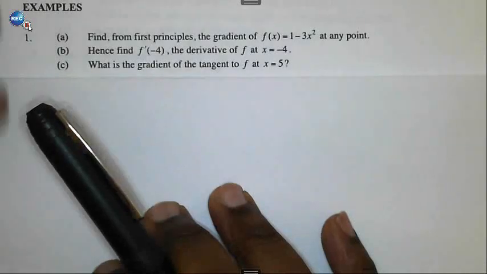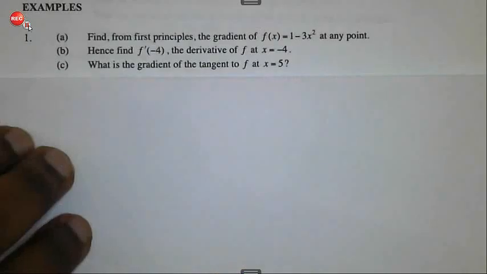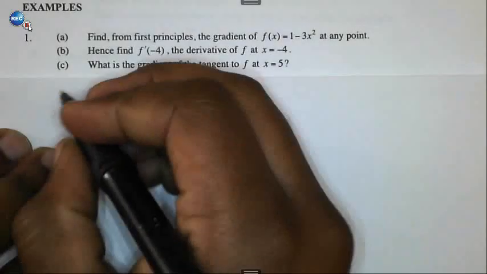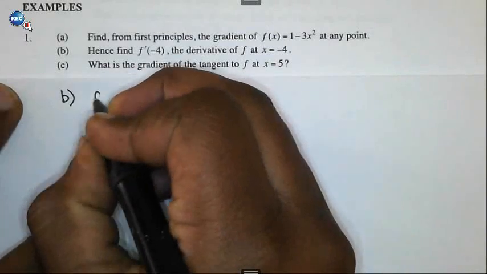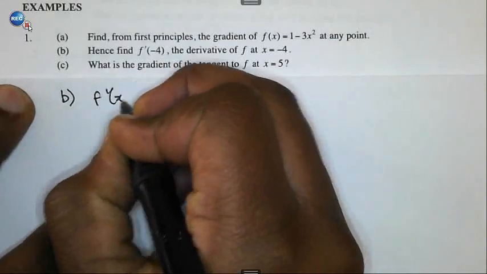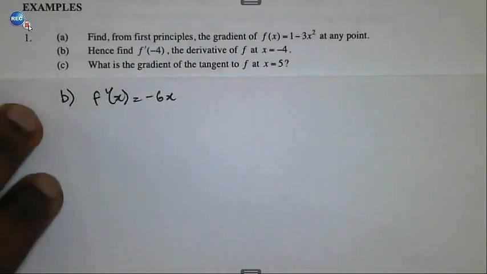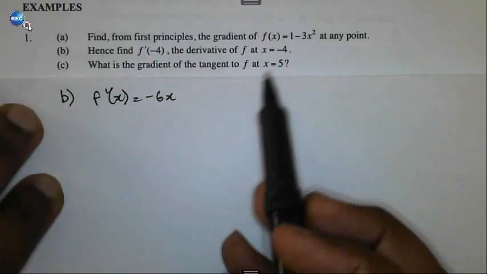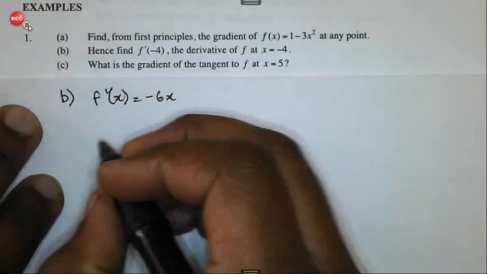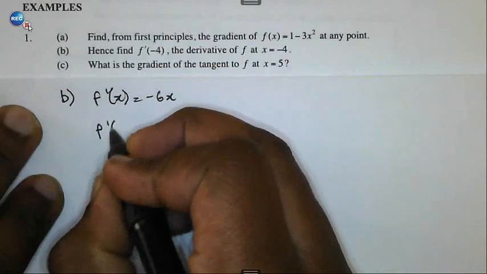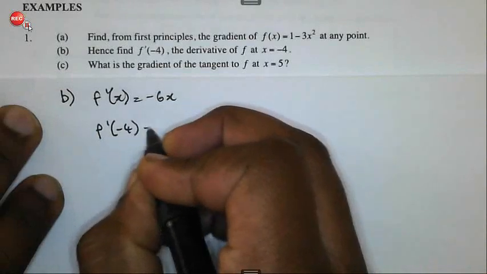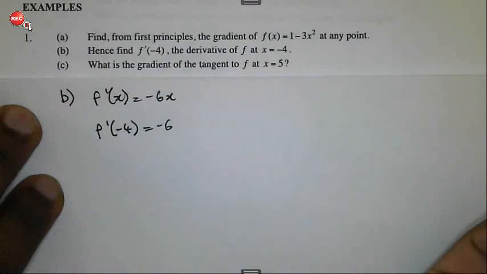Right, so now how do you find the derivative? We found our f prime of x, that's what we found. So now, to find it if x equals -4, we're just going to find f prime of -4, basically meaning where there's x, we replace with -4.